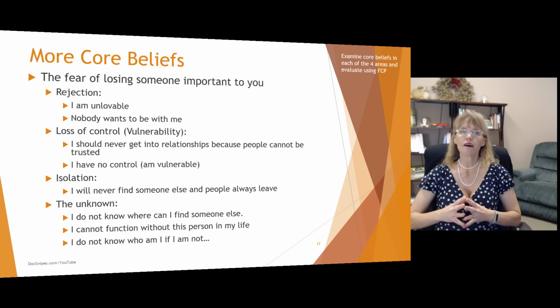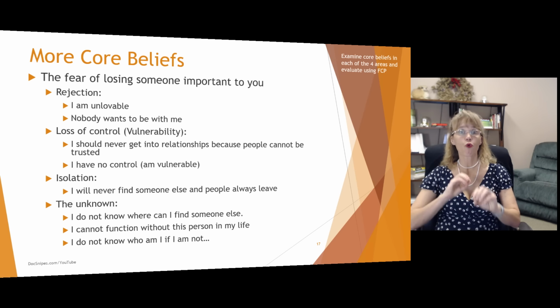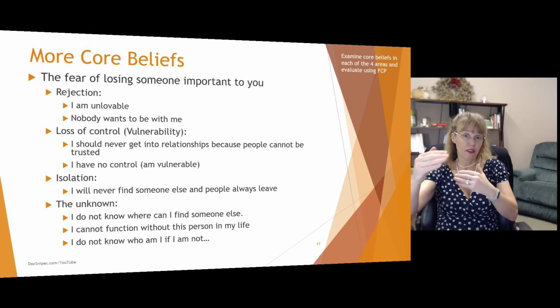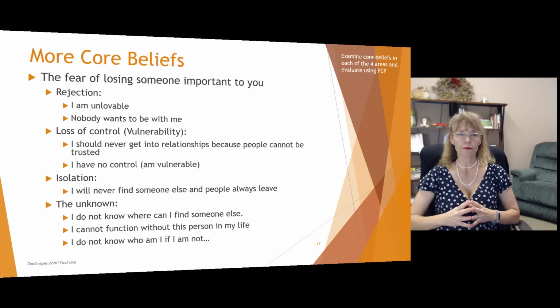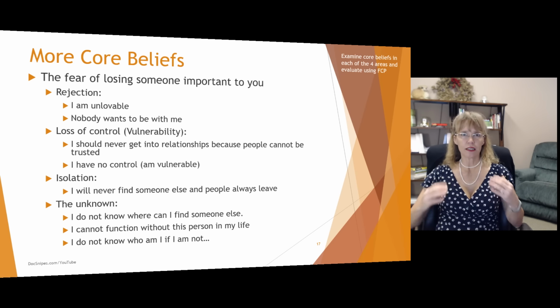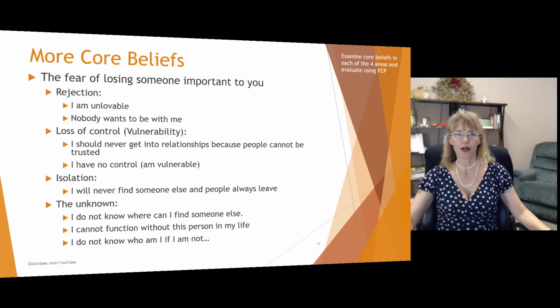So there are a lot of beliefs that go along with abandonment anxiety, and many of them, maybe not all, but many of them can be categorized in terms of one of these four themes, or maybe the belief taps on multiple of these core themes. So examine the individual's beliefs, identify the facts, and separate the past from the present.